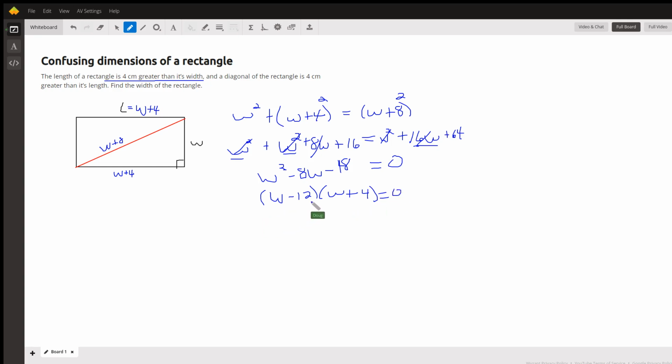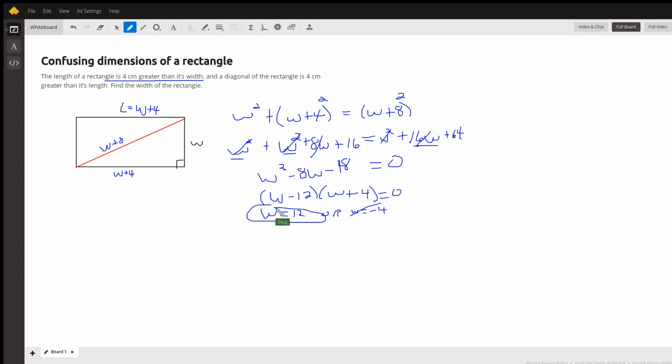So by the zero product property, one of these factors has to equal 0. So that means W equals 12, or W equals negative 4. In the context of the problem, we'll reject this answer since we're dealing with lengths of segments.